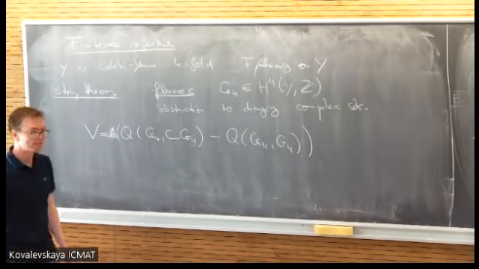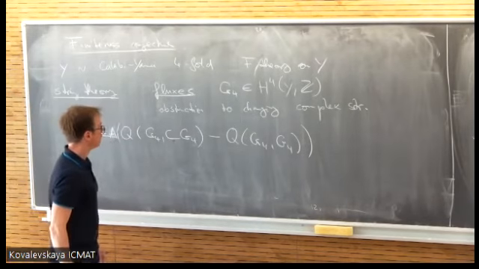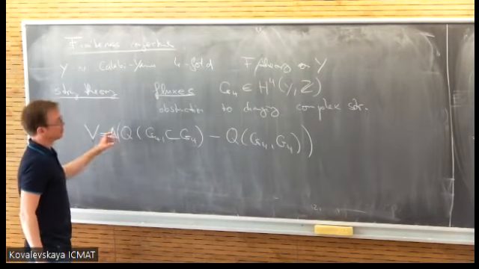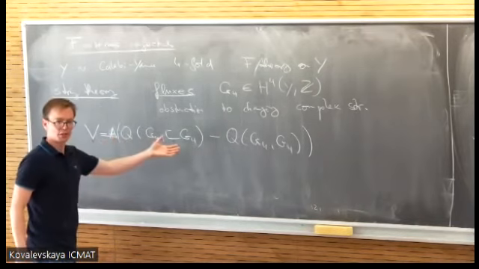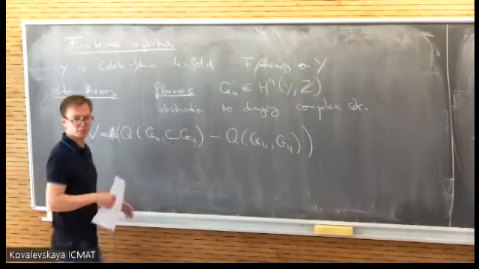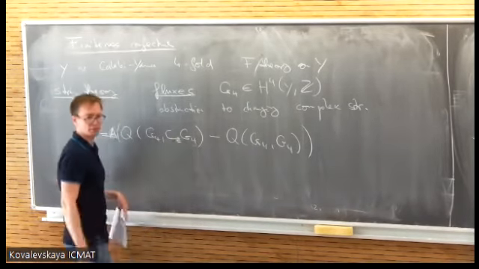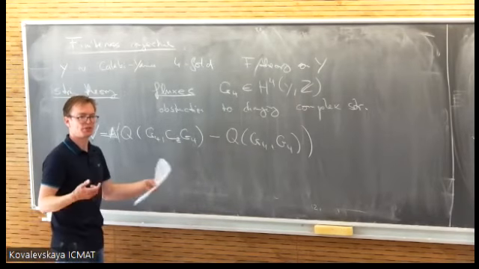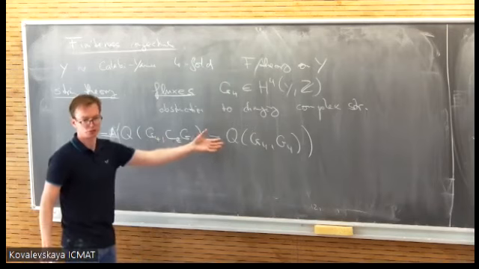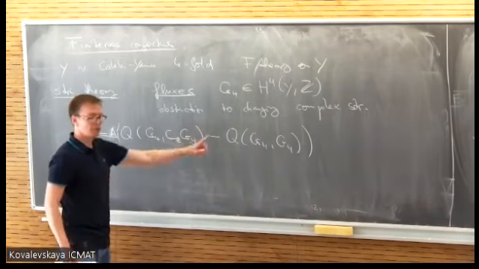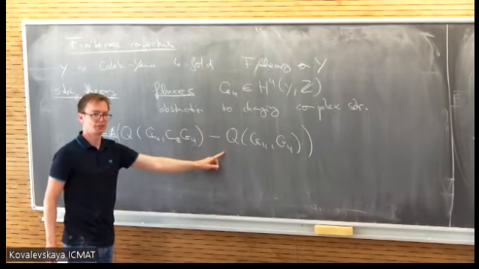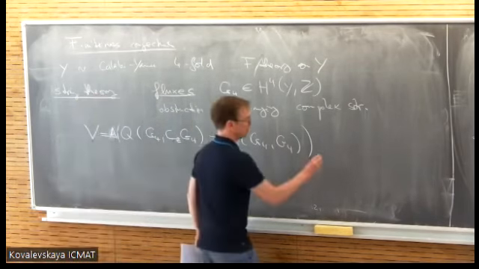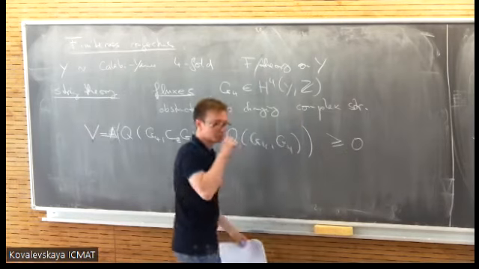So what is this quantity? The scalar potential. It's a real function on the moduli space, because this depends on the moduli space. Depending on where you are in the moduli space, it becomes large or small. But notice that it's positive definite. It's actually a positive definite function, so it's always bigger or equal to 0.